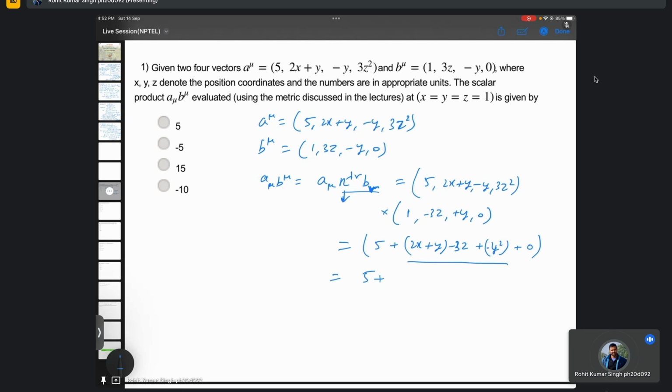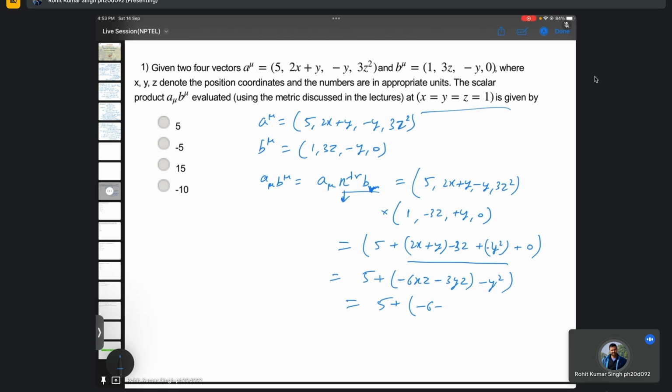Okay, so let me calculate it. This will be minus 6xz minus 3yz minus y square. Now x, y and z are given as 1, so we can put in this value.